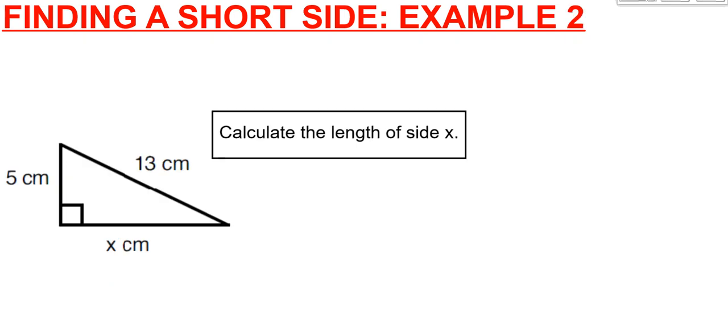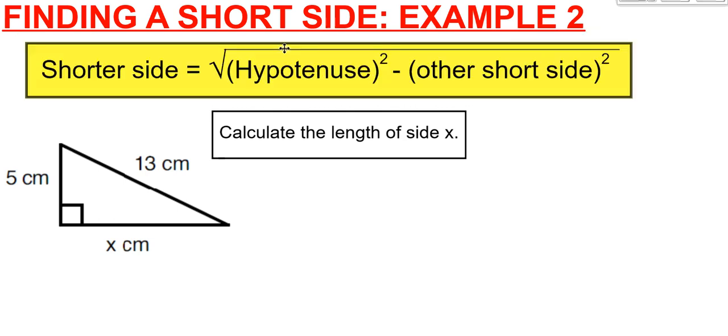Next one, calculate the length of side x. So yet again, we're told the hypotenuse, which is 13. The two shorter sides are 5 and x. So we can use this formula here. The short side, which we're trying to find, which is x, is the square root of the hypotenuse, 13 squared, minus the short side we do know, all squared.